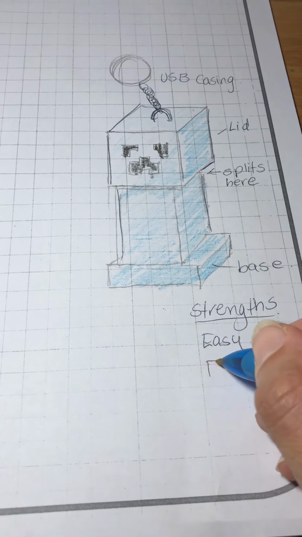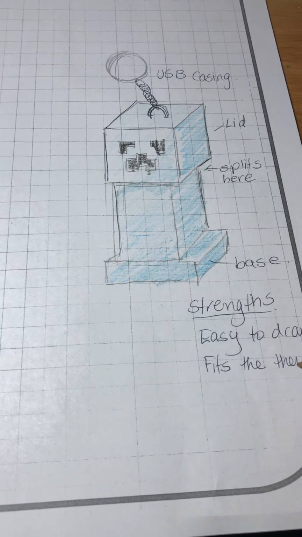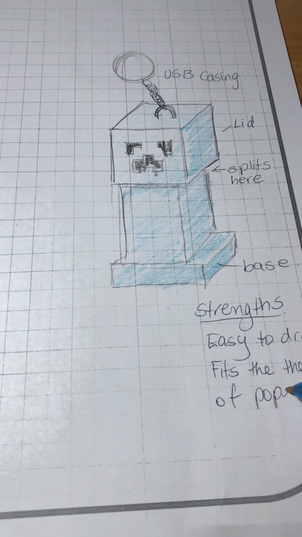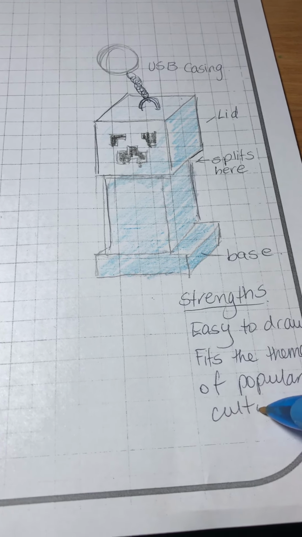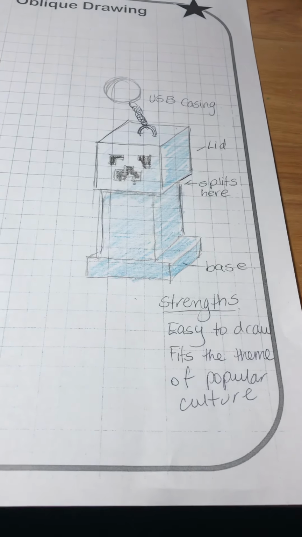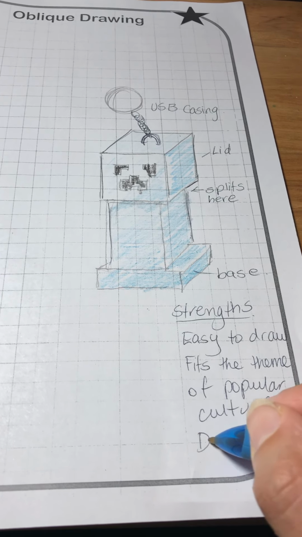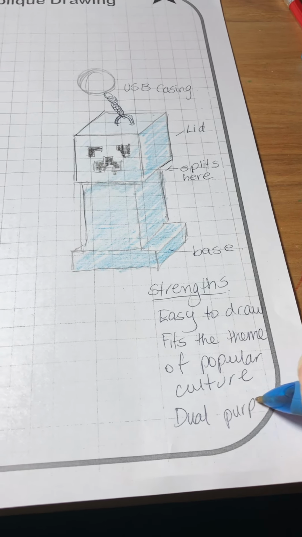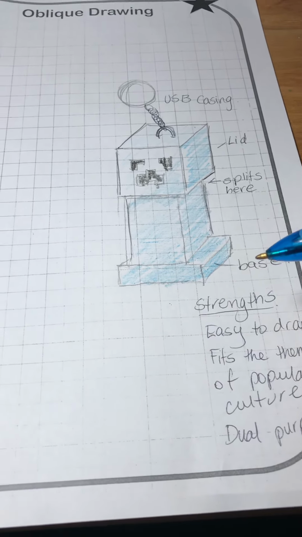I would say it fits the theme of popular culture, which we originally started with in the design brief. So Minecraft is definitely part of popular culture. So I could easily draw that in SketchUp. I could say it's got a dual purpose. I'm going to write out a room here of a keyring and also a USB holder.